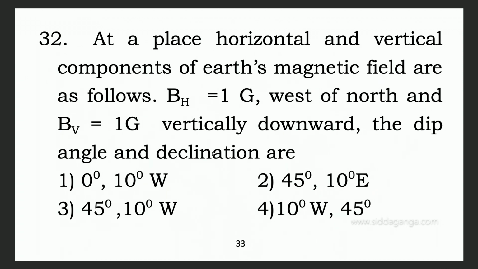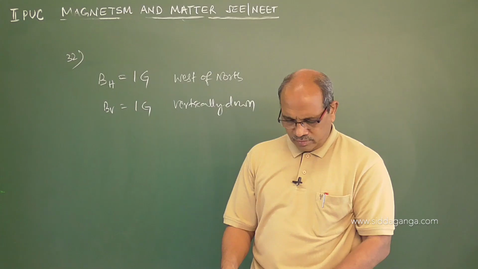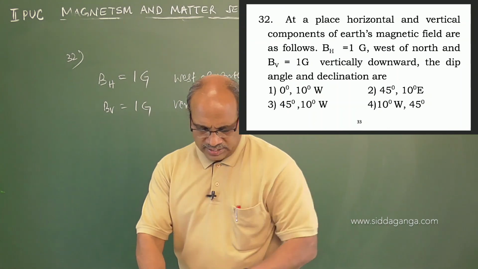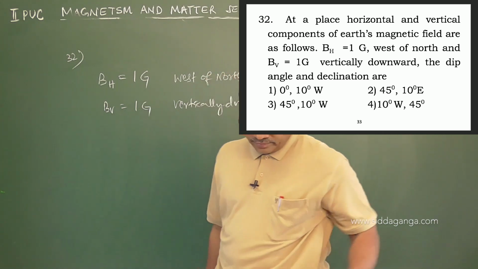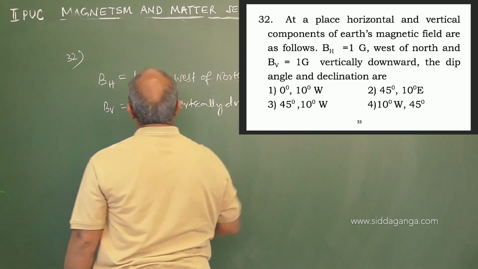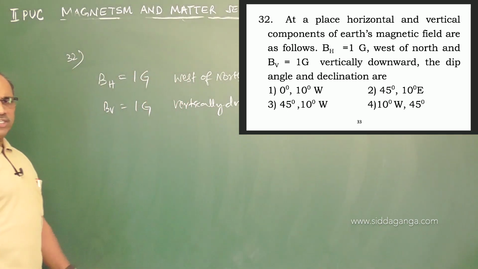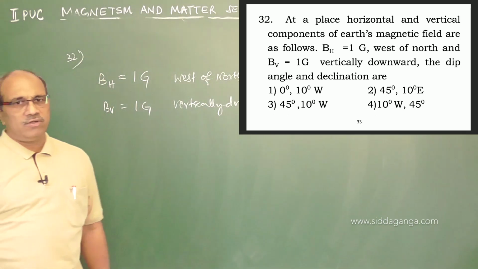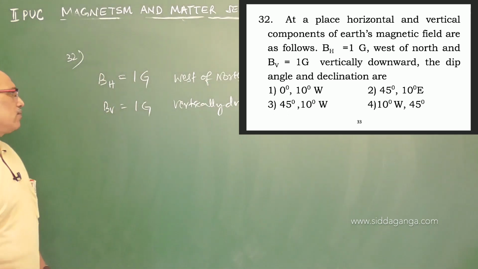Question number 32. West of north by 10 degree. So you are asking about the dip angle and declination, what is the dip angle and declination?